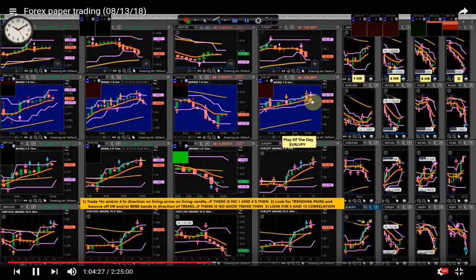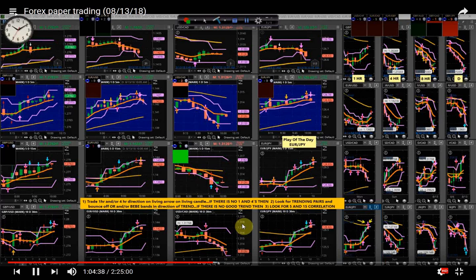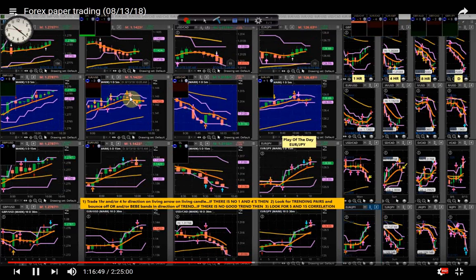Same with the EJ, you've got a 1 hour super there as well. So even if it goes against you for a bit, don't panic, because everything on the 1 and 4s is telling you that it's going to reverse. Yeah, as you can see here, it's just not done. The up move's just not done. That's all it is. And it's going to form a double top.